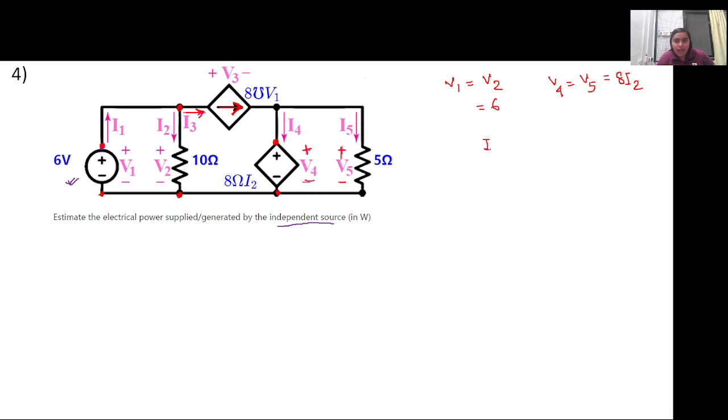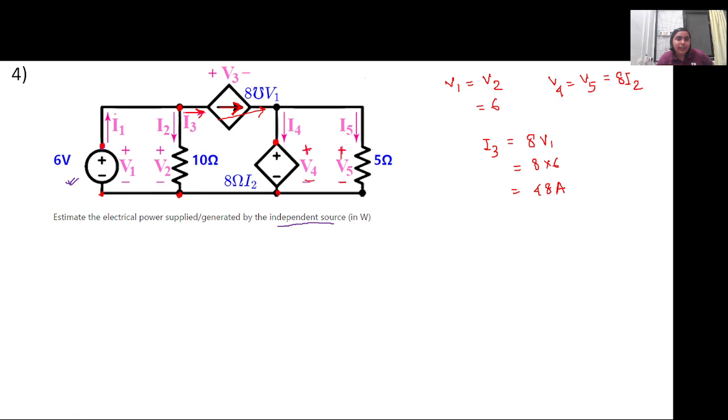So I3 is equal to the current flowing across this particular branch in which this current source is present, which is 8 into V1. We have the value of V1, so it is 8 into 6, 48 ampere.